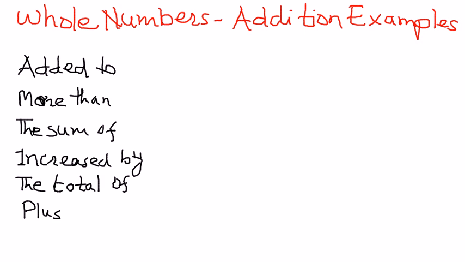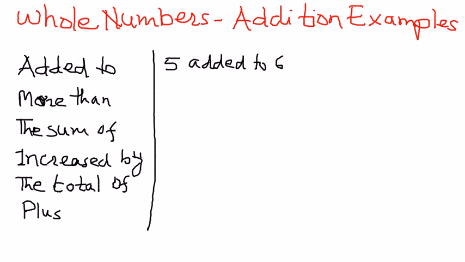So in here I want to just explain these with an example. Let's say we want to add 5 added to 6. 5 added to 6 means we can write it this way: 5 plus 6 will be equal to 11.